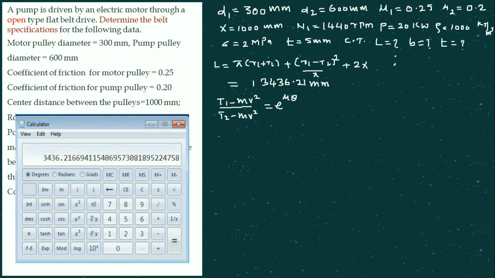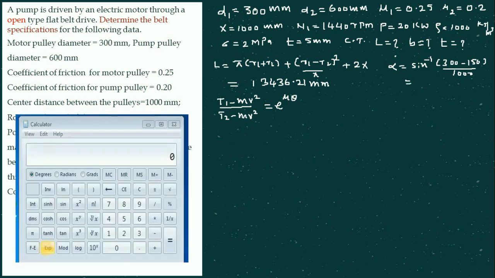So theta is not given here, hence we have to calculate the alpha value. This alpha value is nothing but the sine inverse of the bigger pulley minus the smaller, that is 300 minus 150, whole thing divided by x, that is 1000. So let's calculate this value.